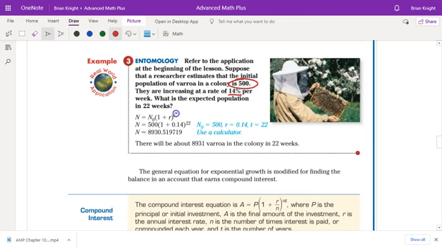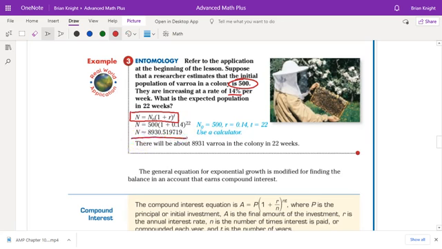All we do is take the formula we just were introduced to, n equals n sub 0 times 1 plus r to the t power, and we plug in what we know. What's our initial amount? 500. So you plug that in for n sub 0. We are growing at 14%. Do not put 14. You have to change that percent to a decimal, so you put plus 0.14. And then after how many weeks? 22. That's your t. You plug it all in, you get your answer.